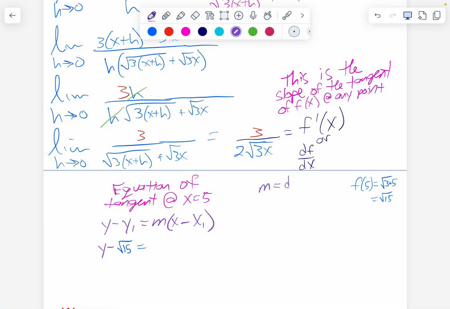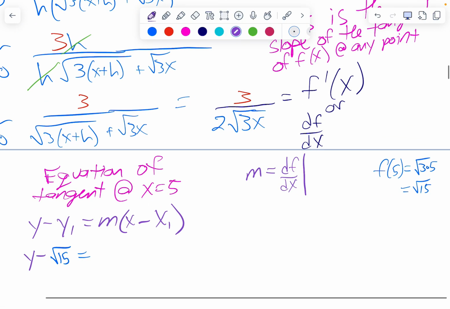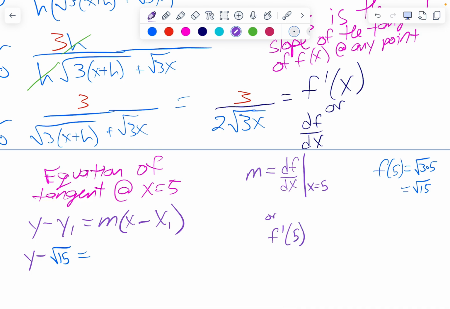Okay, df dx. I'm going to review notation real quick. Evaluated where? At x equals 5. So remember, to evaluate a derivative in Leibniz notation, we need to put the bar, that vertical line, with x equals. You could also do f prime of 5 if you're using Lagrange notation. So either one.